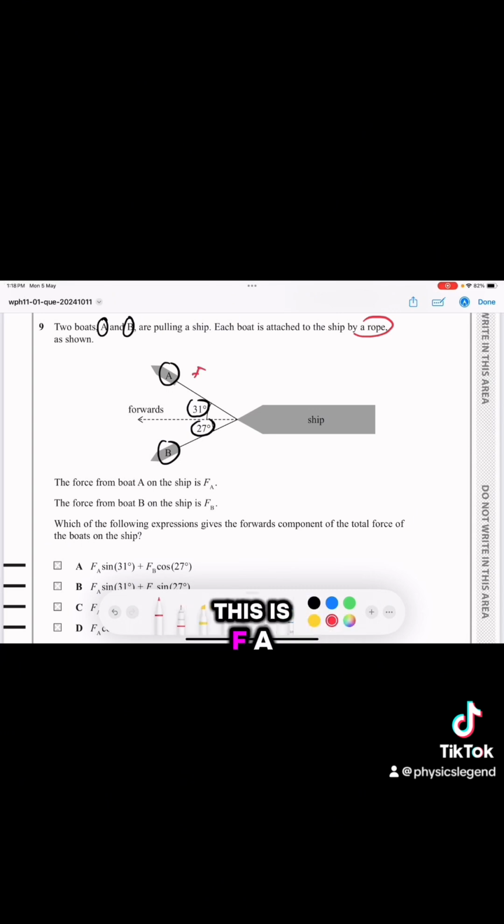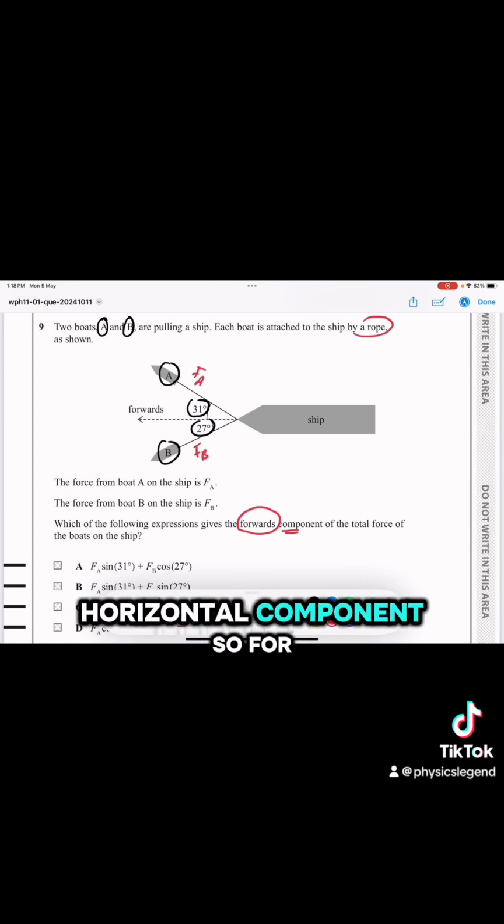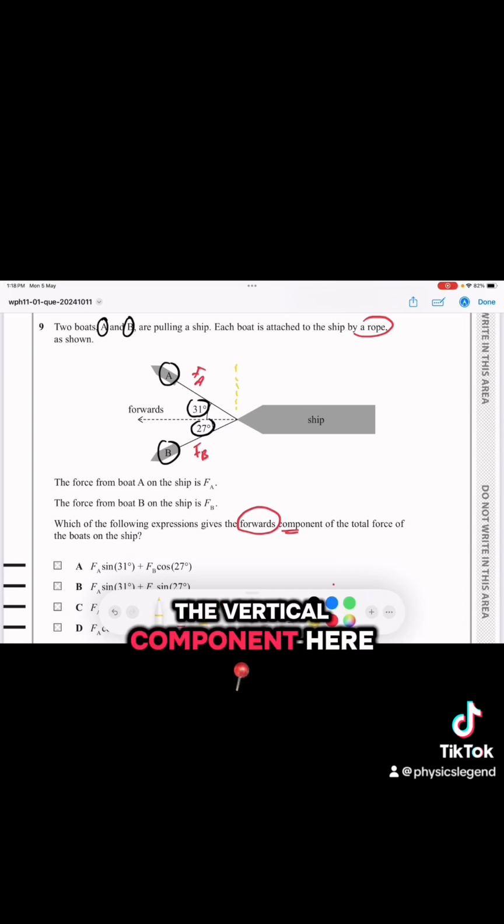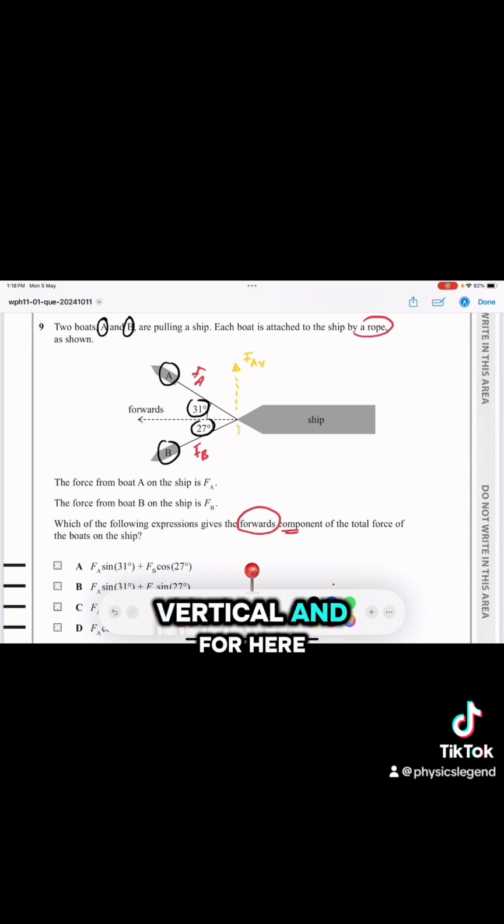So this is FA and this one is FB. To move forward, I'm looking for the horizontal component. So for A, we have two components. The vertical component here, which is FA vertical, and here, which is FB vertical.